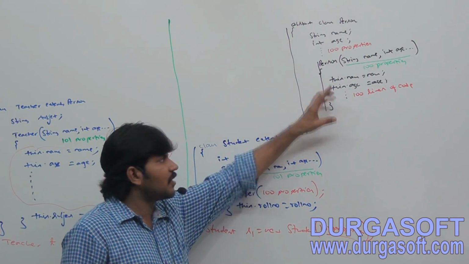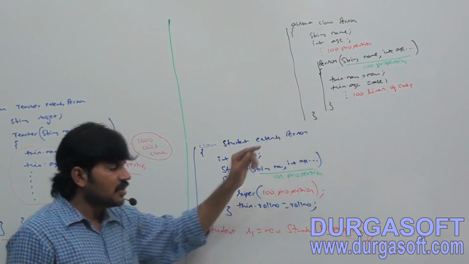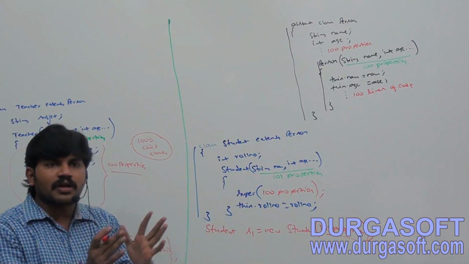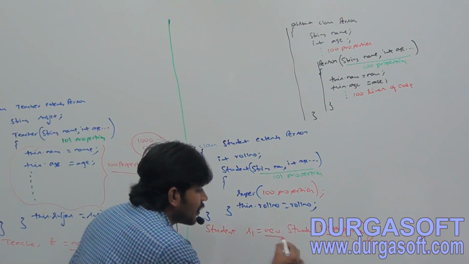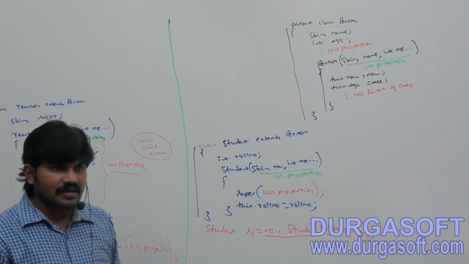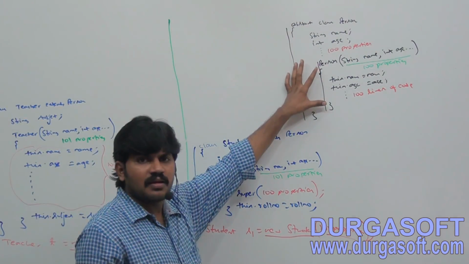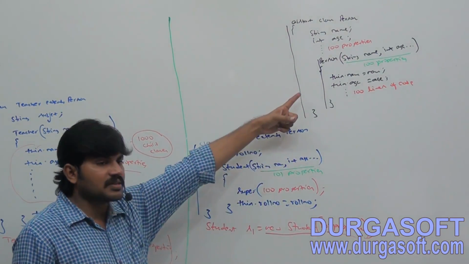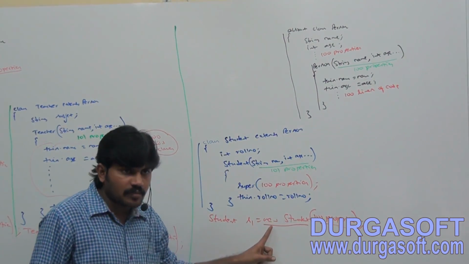Now the parent constructor will assign the first 100 properties and the remaining one property is going to be assigned, so that all 101 properties will be assigned for this student object. Are you getting it, right? Sir, will this constructor work for the student object or not? Will the parent class constructor work for the student object or not?